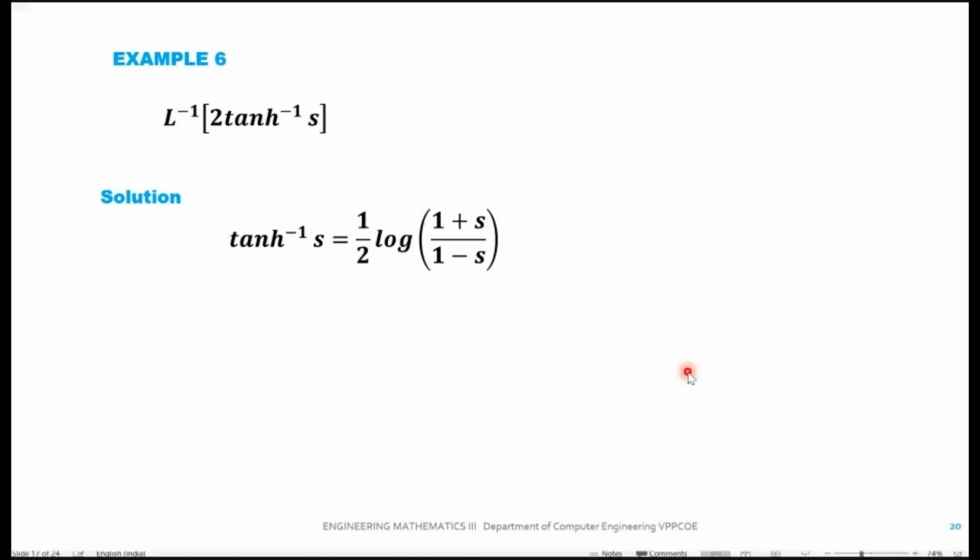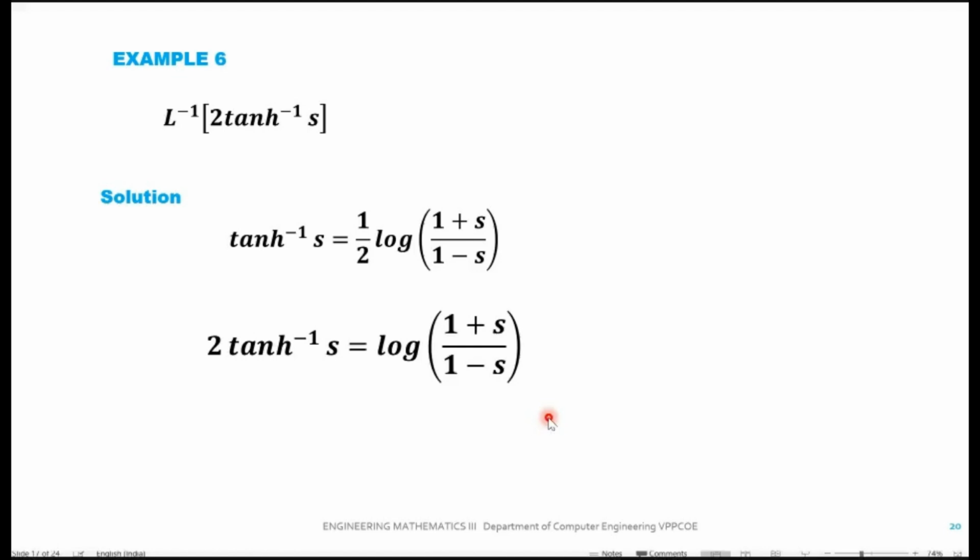This is tan H inverse of x. It is 1 by 2 log of 1 plus x upon 1 minus x. तो यहाँ पे tan H inverse of s is equal to half log 1 plus s upon 1 minus s. ठीक है, तो 2 चाहिए हमें, तो मैं multiplying by 2, I'll get log of 1 plus s upon 1 minus s. So the whole 2 tan H inverse of s is now reduced to log function.